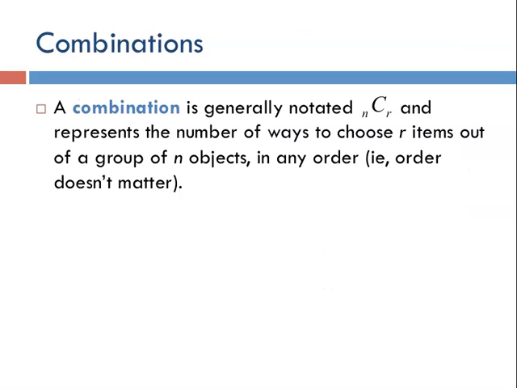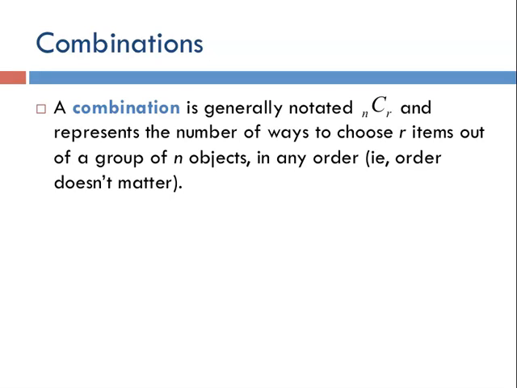So a combination is generally notated as a capital letter C, and then on either side of it we use lowercase letters n and r. So the way that we would read this notation is n choose r.